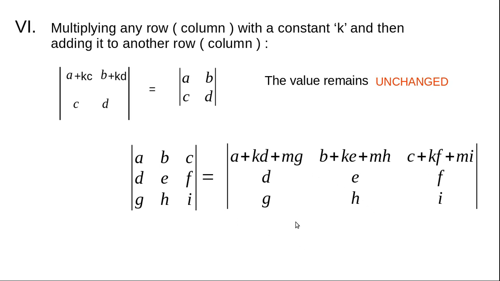Just multiply M with the third row and K with the second row and add them up with the first row. Then the value is unchanged, because the value always remains the same. So these are 6 properties. The 6th property is very important for determining the value of the determinant.